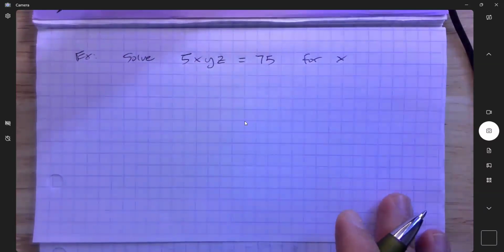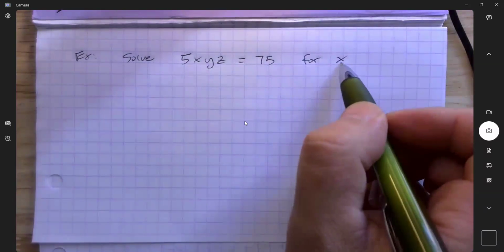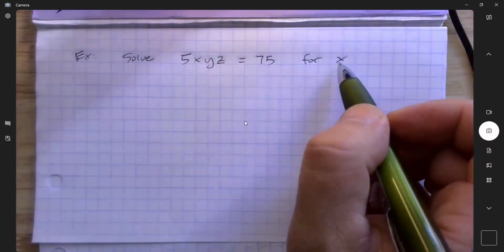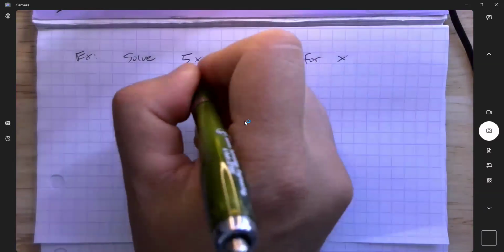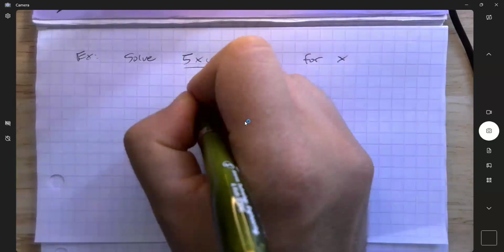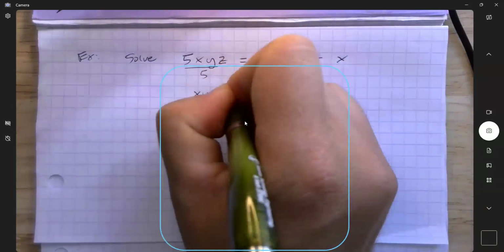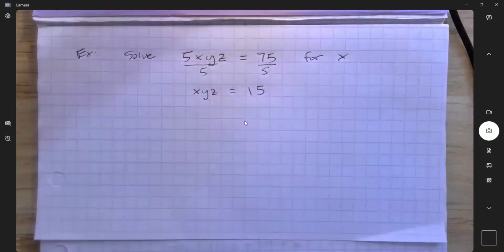So I have an equation now with 3 unknown variables, and I want to solve it for x. So I want to get it to look like x equals. Well, I have 5 times x, so I could divide everything by 5. And that gives me xyz equals 75 over 5, which is 15.